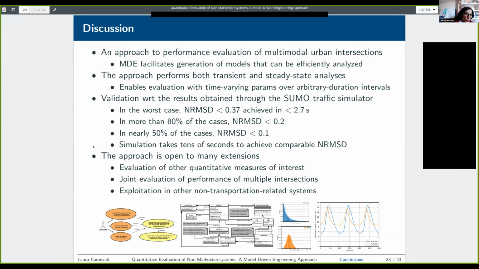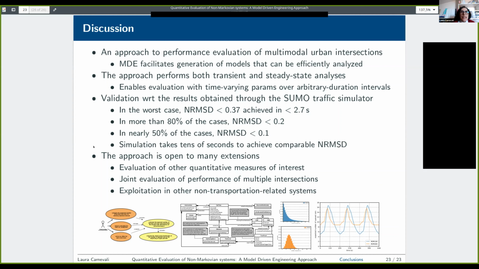So not a microscopic model and not a macroscopic model. So consider different classes and slots for the queue sizes. And so, for instance, considering the state where the number of cars is comprised between 0 and 10, 10 and 20, 20 and 30, and so on.